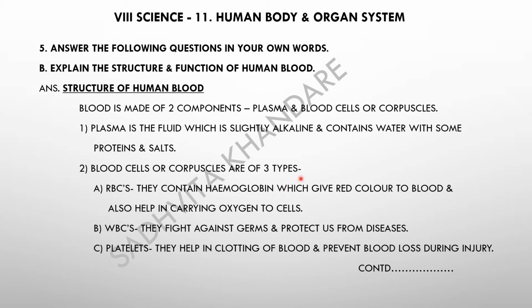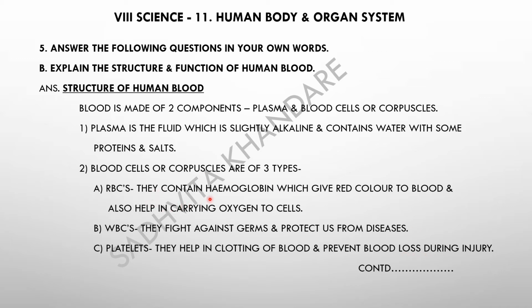They are of three types, major three types. There are many other things. These are three major things. RBCs, they contain hemoglobin which give red color to blood and also help in carrying oxygen to cells. WBCs, they fight against germs and protect us from diseases. Platelets, they help in clotting of blood and prevent blood loss during injury.